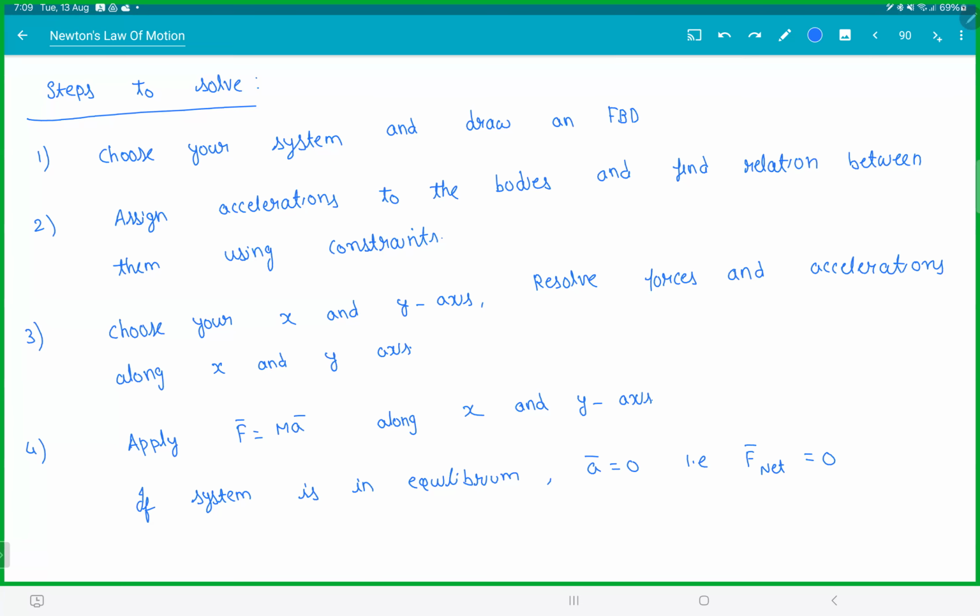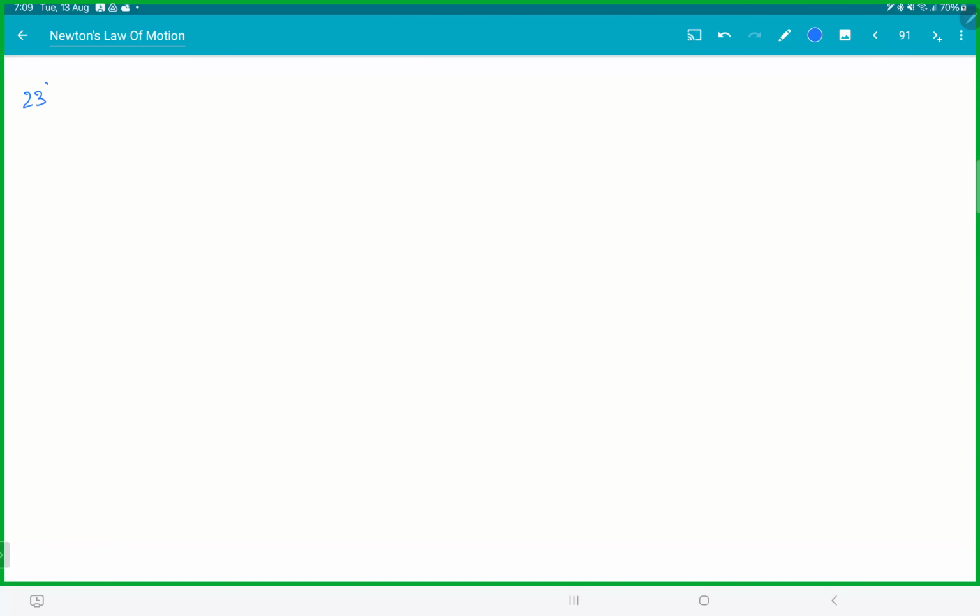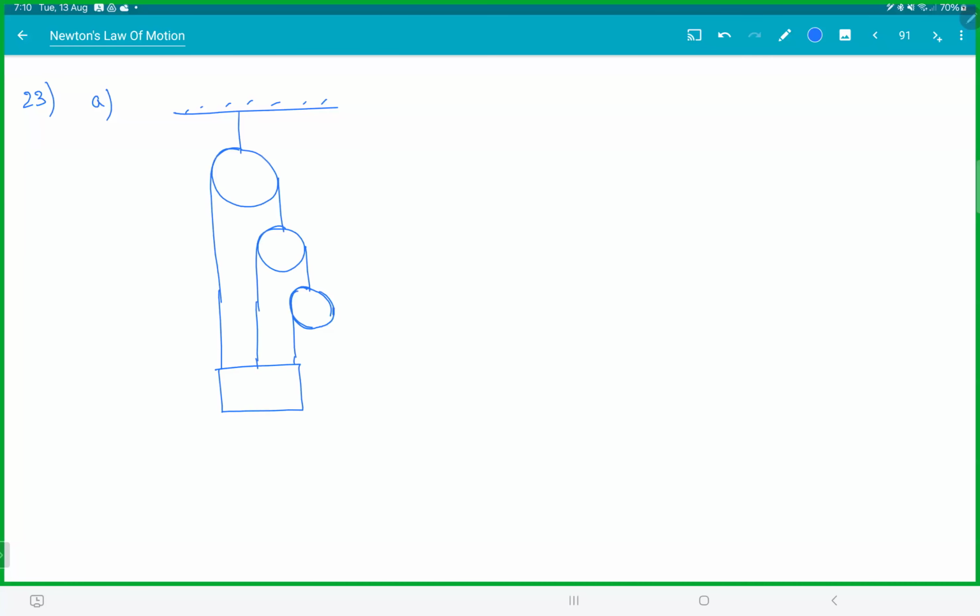Clear? Let's see some questions. Let's start off with something easy. This is small m, this is capital M. Find m by M for equilibrium.